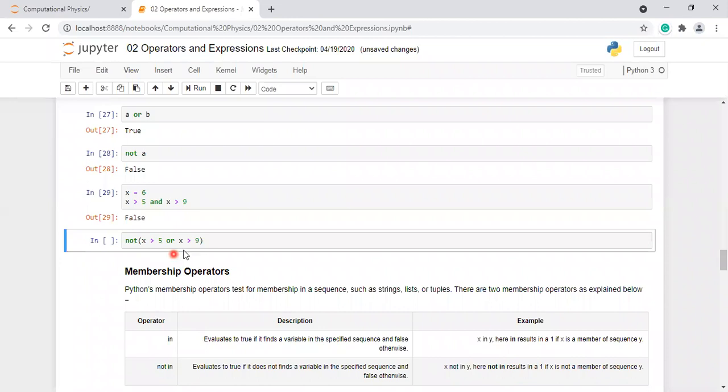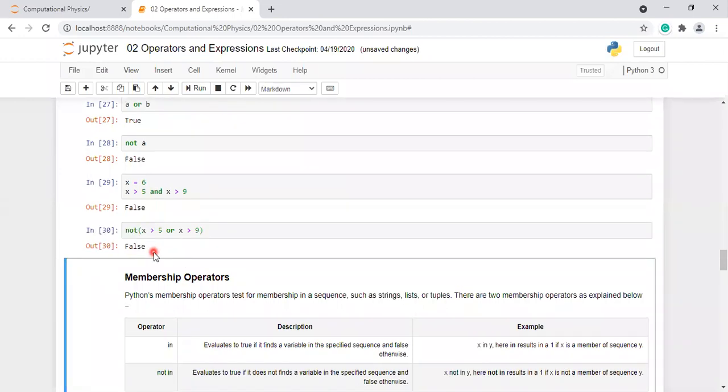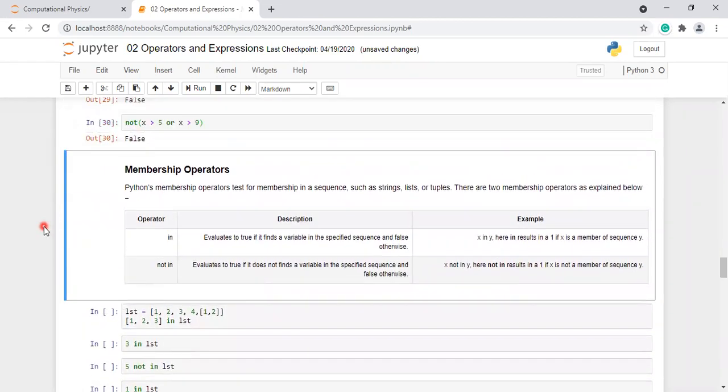So true or false gives true. With not: not true gives false. So the answer will be false. Okay. So next let us look at the membership operator.